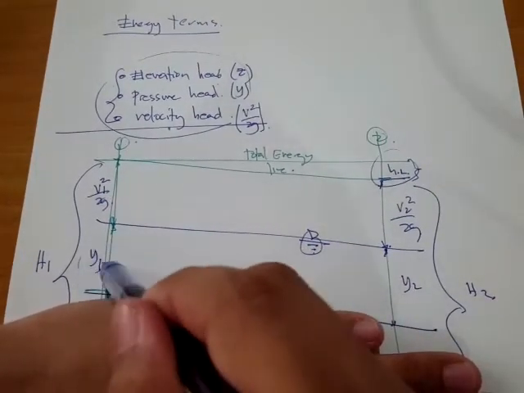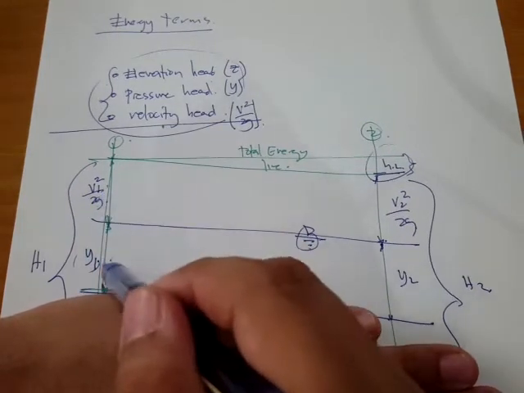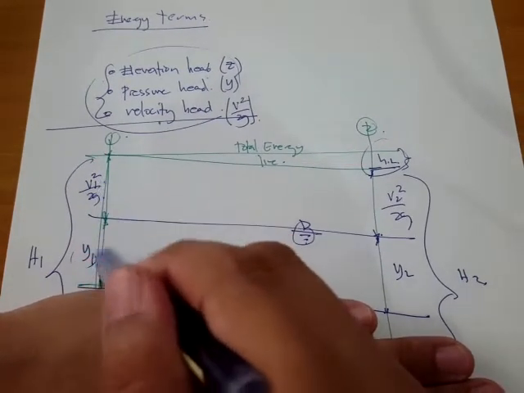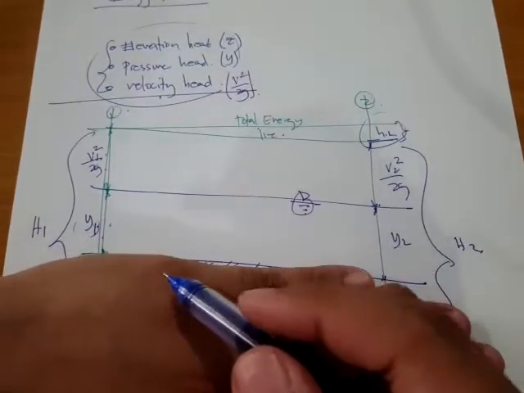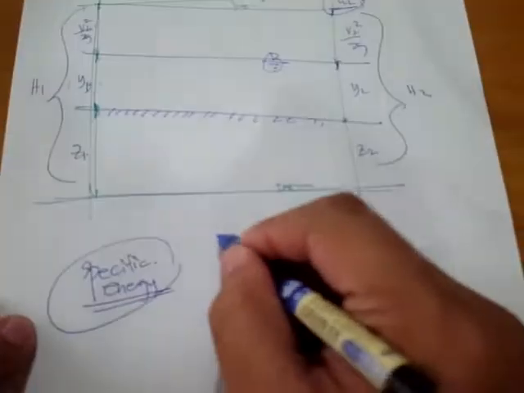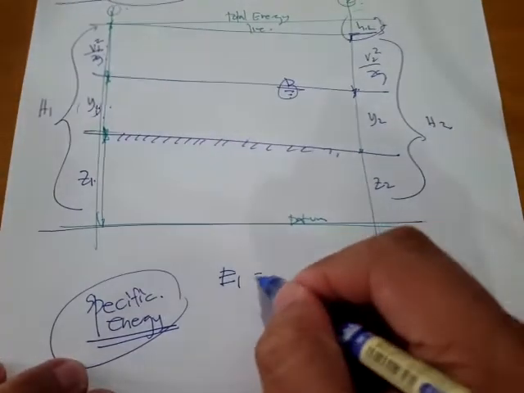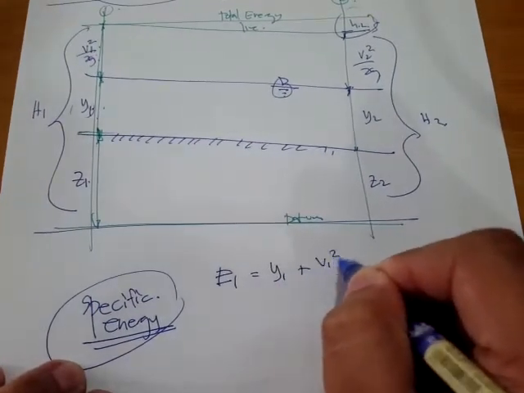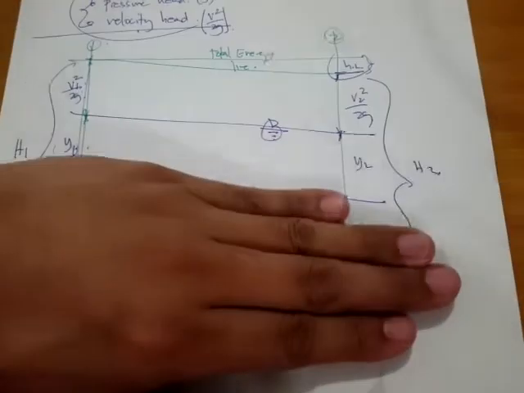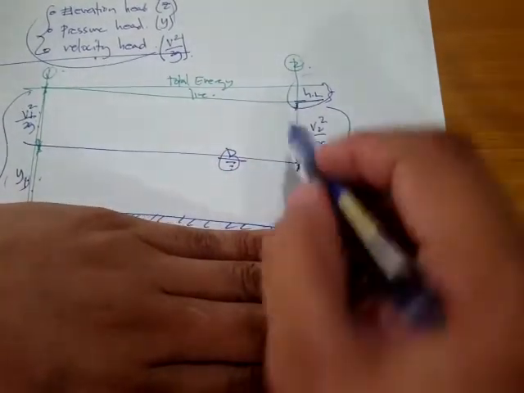It's only y sub 1 and the velocity head, the pressure head and the velocity head, right? y sub 1 plus v1 squared all over 2g, and that's our specific energy.